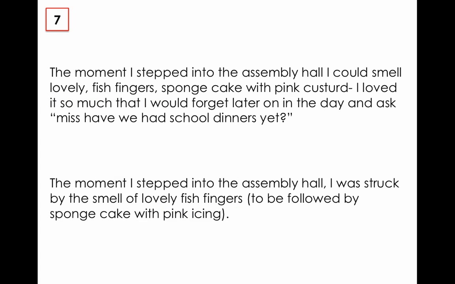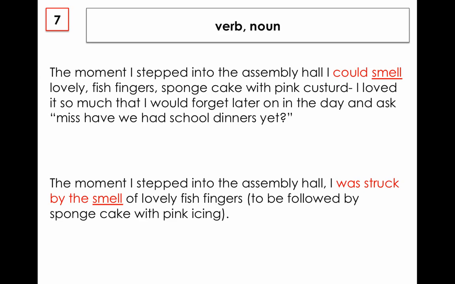Okay, the next sentences. Notice that in the first sentence the word smell is being used as a verb. It's in the base form here. That's the form of the infinitive without to. What comes before it, could, as I'm sure you'll recognise, is a modal verb and it expresses ability.